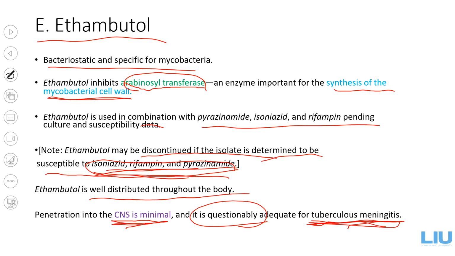Okay, which is questionable. This is one of the things where you see clinical trials proving something, but you might not be able to rationalize it or explain it with what we know about the drug. Okay. Questions?